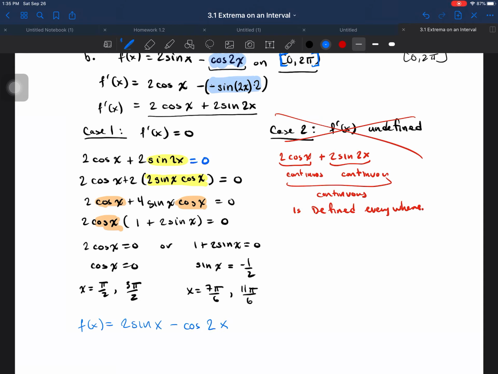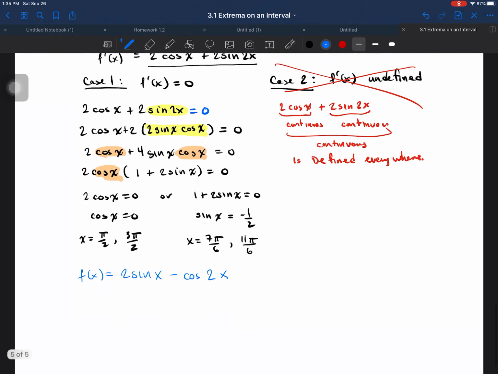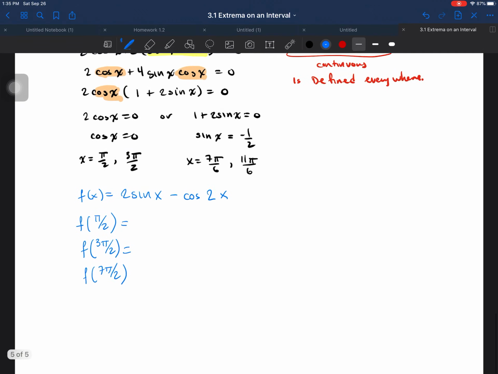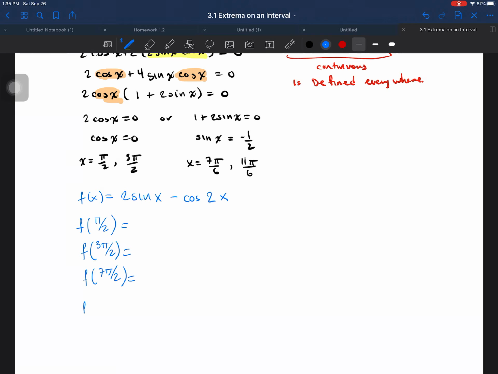And then at this point, you can use a calculator to be able to compute these numbers, right? So let's try first the pi over 2. We're going to put 3 pi over 2, 7 pi over 6, and then f of 11 pi over 6.